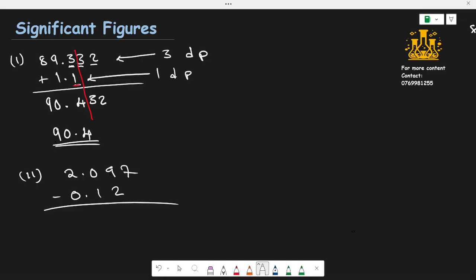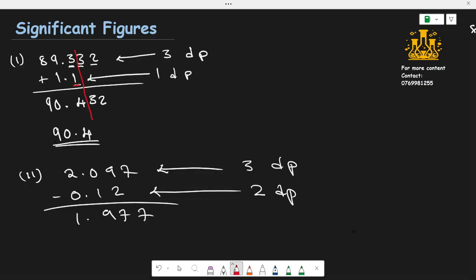When you perform this on the calculator, you're going to get 1.977. But you try to check the one with the least number of decimal places. This one has 3 decimal places, while this one just has 2 decimal places. So your answer should also have 2 decimal places.